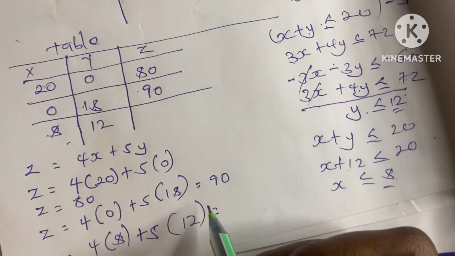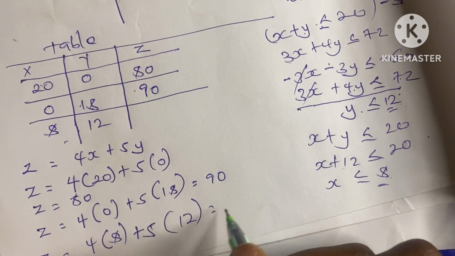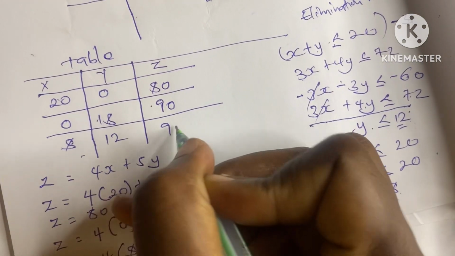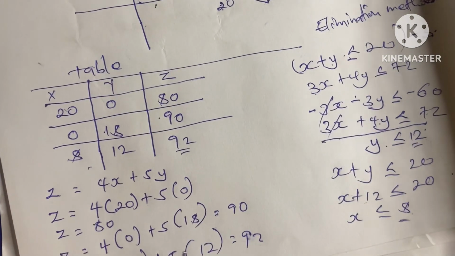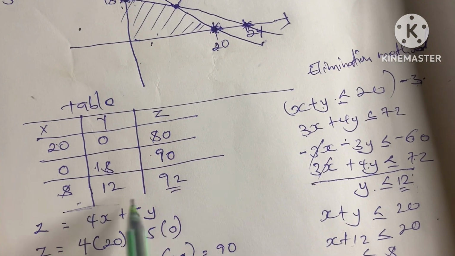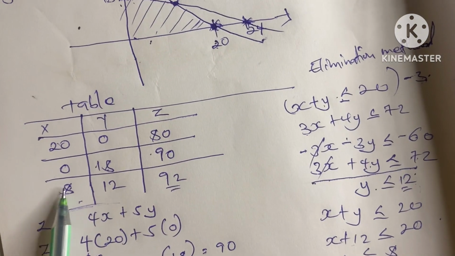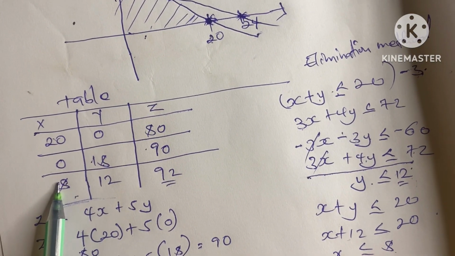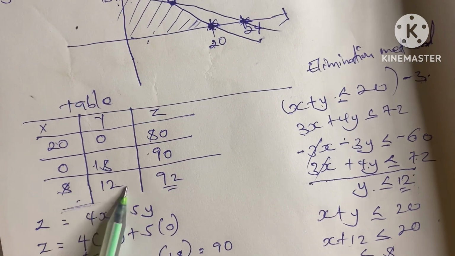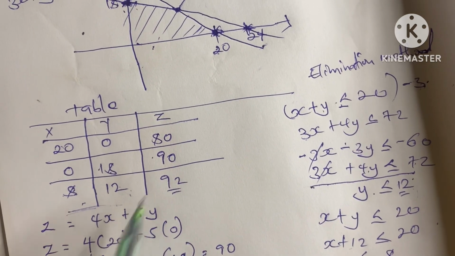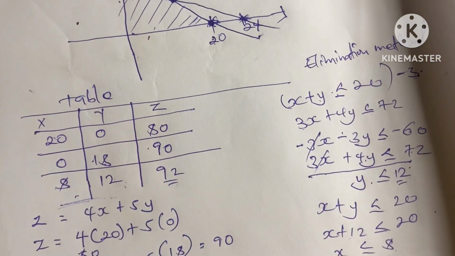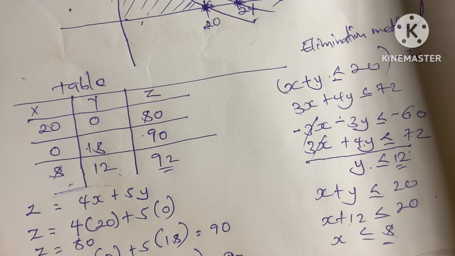When you multiply, it gives us 92. So 92. So the one that maximizes the objective is this. When they produce 8 units of x and then 12 of y, that's the one that maximizes the profits.